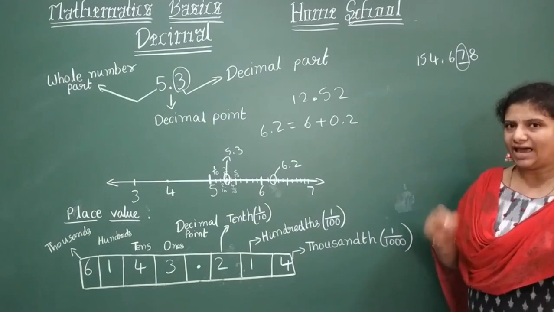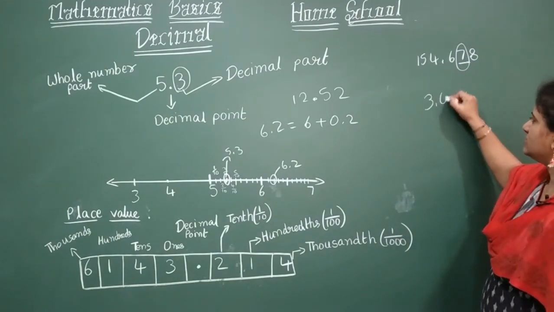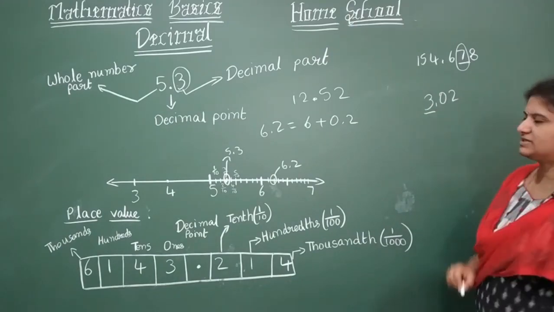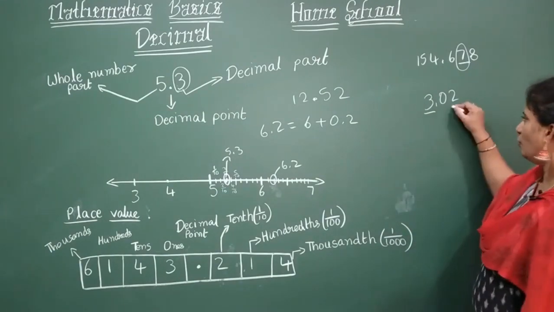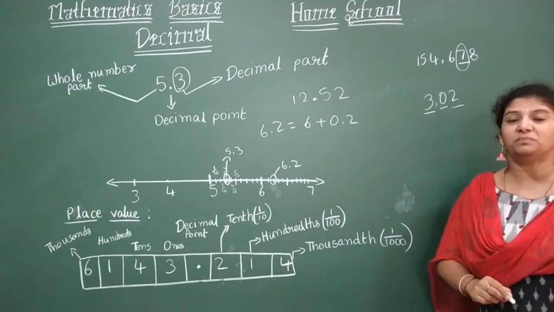Okay, so now the next number, let's talk here: 3.02. So what is the 3's place? It is in the units place. 2 is in the hundredth place. 0 is in the tenth place.